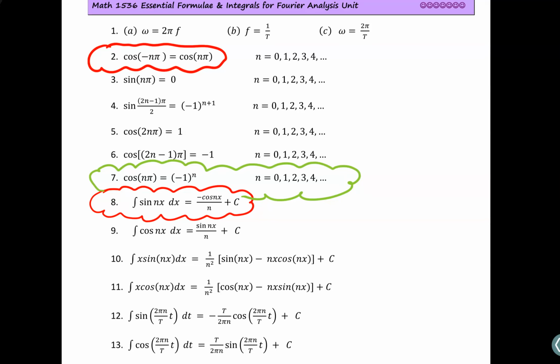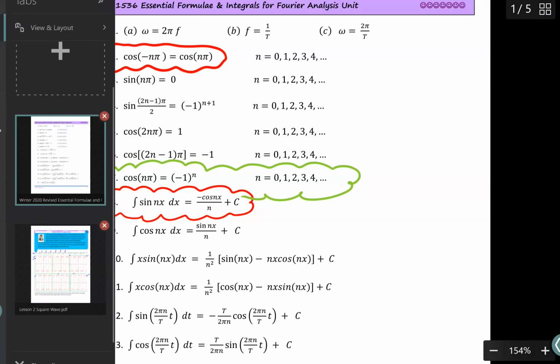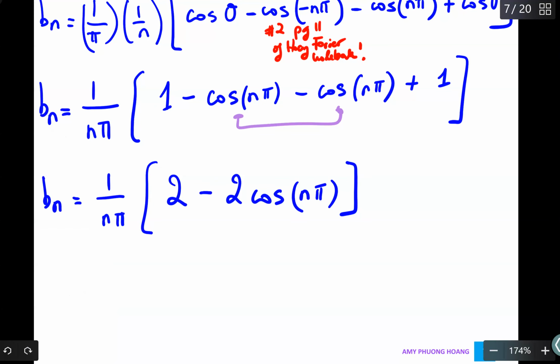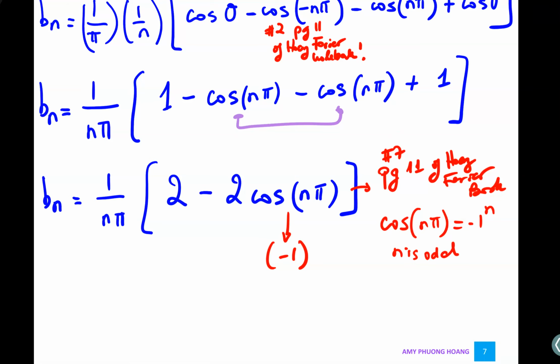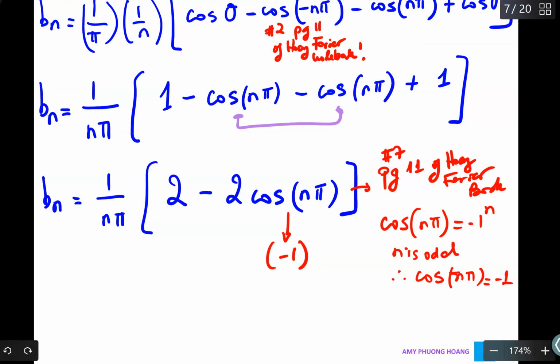So let's apply this formula to our calculation. I will make a note, number 7 on page 11. This formula told me that cos of n times pi equals minus 1 to the exponent n, and n is odd, so cos of n times pi will be equal to minus 1.